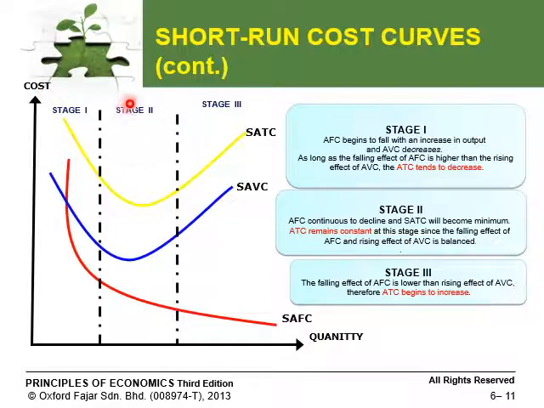So what happened in the second stage of the short run cost curve? As you can see, the average variable cost starts slowly to increase a bit. This is due to the decreasing production. If you remember, in stage 2, the production reaches its maximum limit over here.